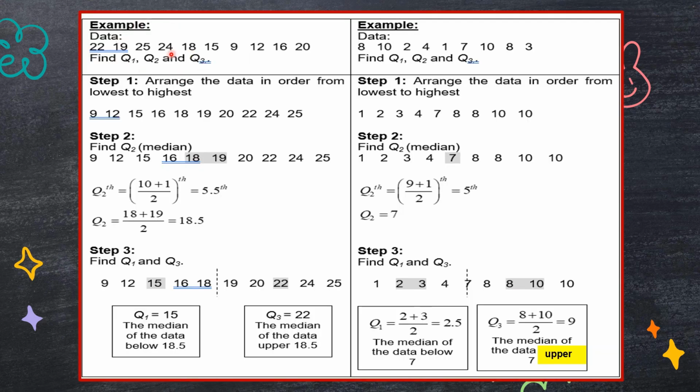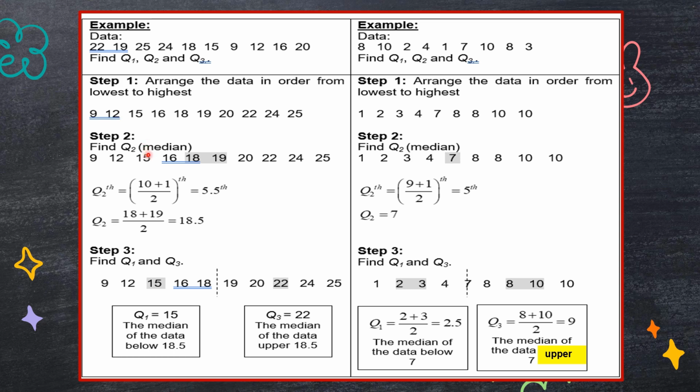Before going further, let's try an example in calculating the first quartile, second quartile or median, and third quartile. Step 1. Arrange the data in order from lowest to highest. 9 is the lowest data and 25 is the highest. Then step 2. Find the median, or second quartile.